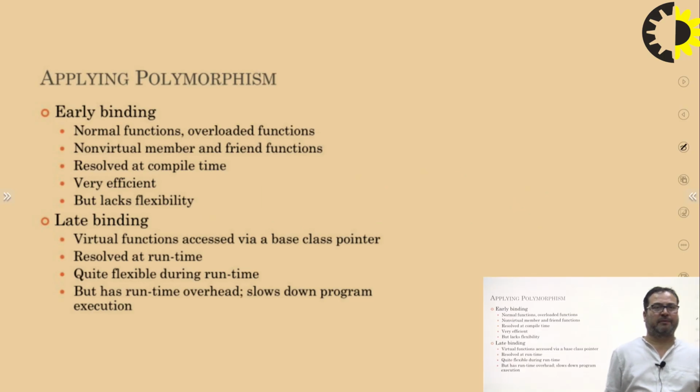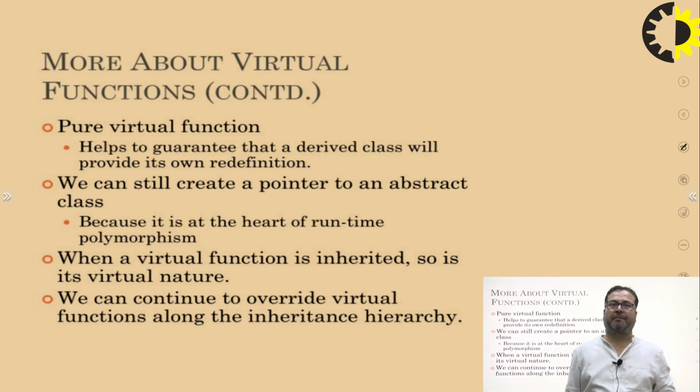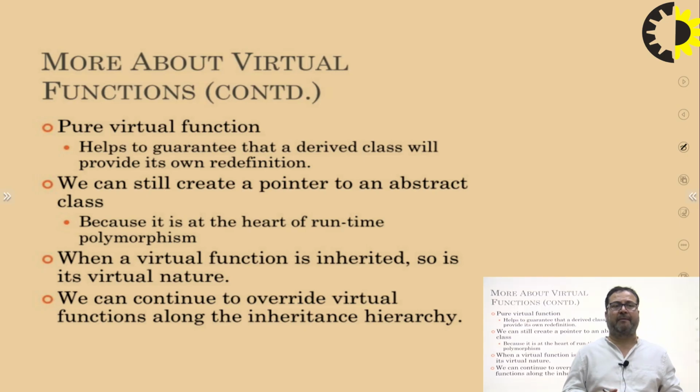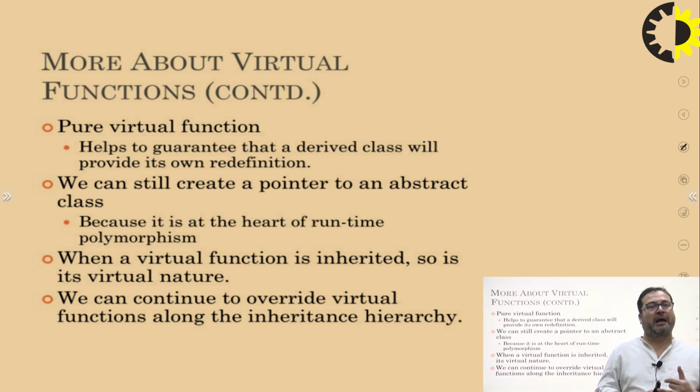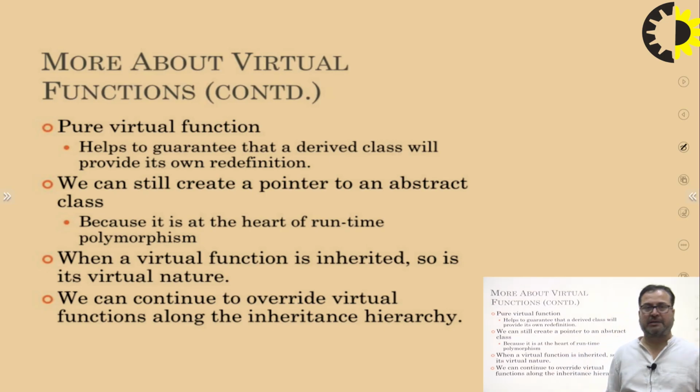So this is all about runtime polymorphism. There are two concepts basically. Polymorphism could be static or compile time polymorphism, which is called static binding, and that could be achieved by function overloading or operator overloading, while runtime polymorphism could be achieved by using the concept of virtual functions and a base class pointer, because the base class pointer has the capability to point to a base class object as well as a derived class object.